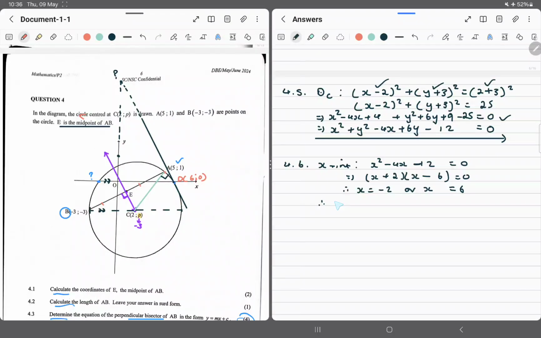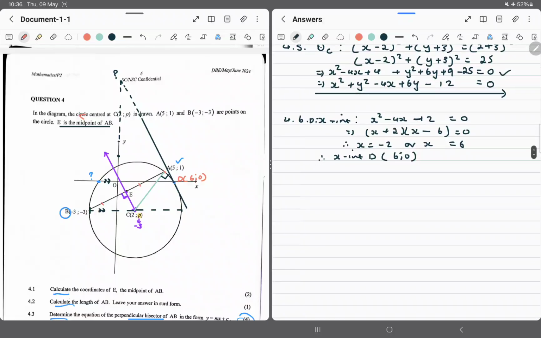So we can say here, therefore, the x-intercept D is going to be 6 and 0. Okay, good. So let's see what happens now.